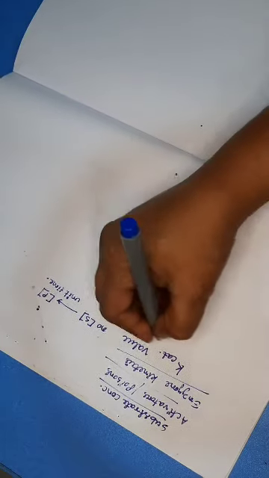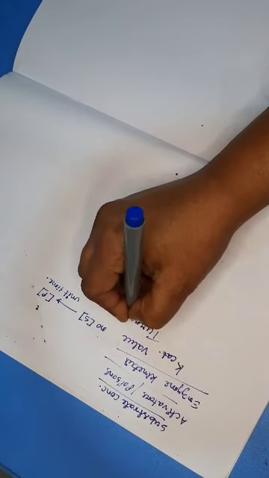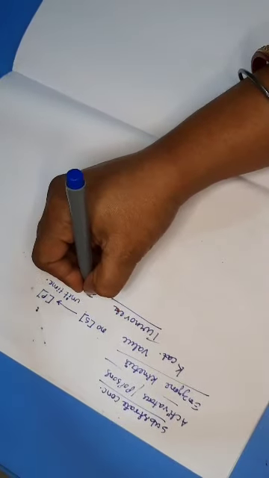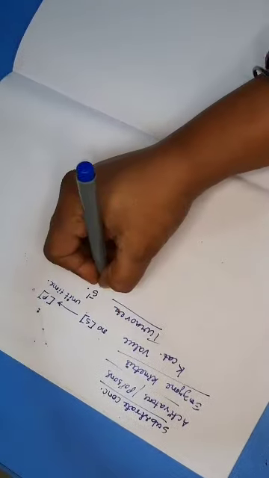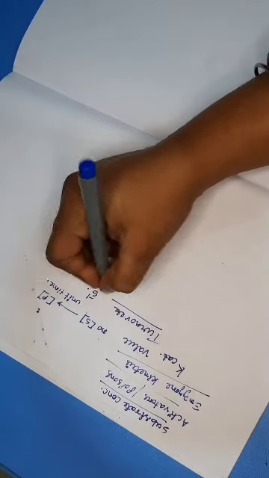During 1 minute or 1 second, how many substrates are converted into the product per active site? It also represents the turnover number for the particular enzyme, and its unit will be second inverse.